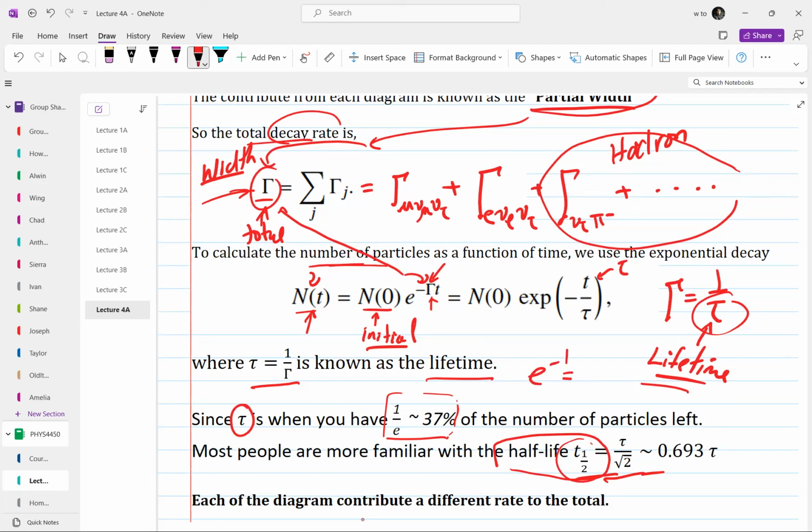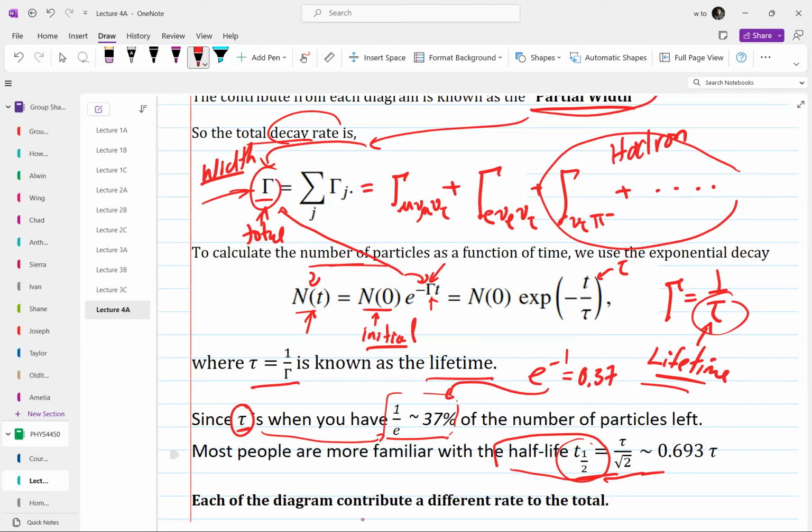If you punch that in your calculator, it's going to be about 0.37.